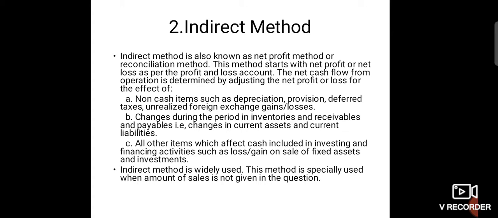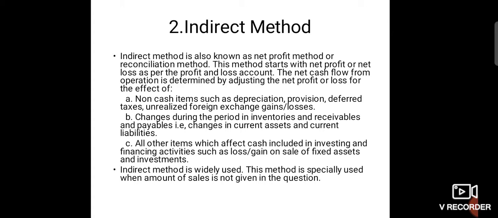Actually, depreciation means a provision which we keep aside for the deterioration of an asset, but it is a non-cash expense. The cash flow statement records only those cash expenses and incomes. So depreciation, as it is a non-cash expense, should be eliminated. Once we have deducted it from profit, we have to add it back.